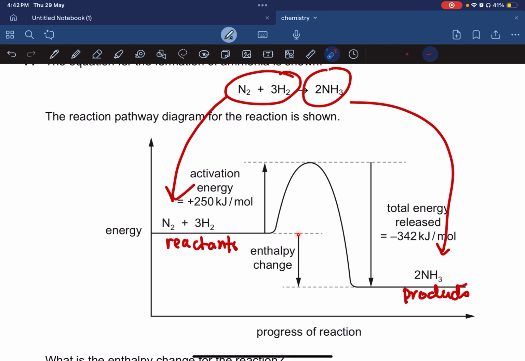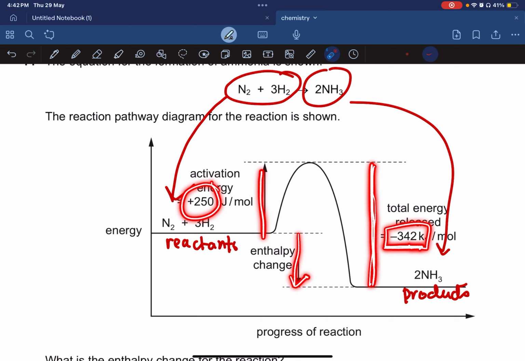Now this is the enthalpy change. This entire line is 342. You don't take it to be negative or positive, you just say it's 342, and this one is 250. So out of this entire line, if we subtract this line, we will get this line.